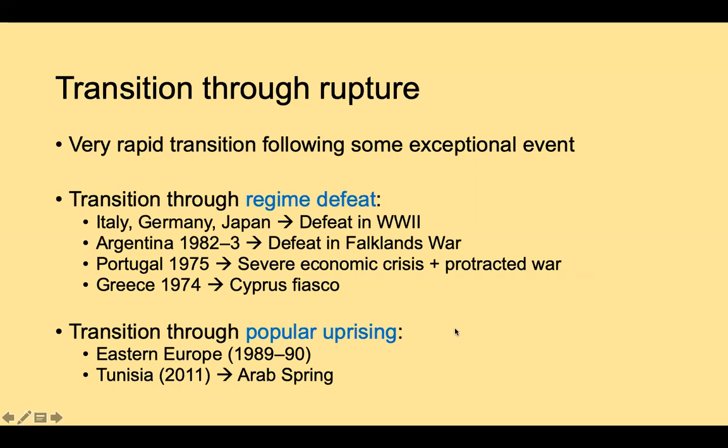Transitions through popular uprising are also one type of transition through rupture. We can think, for example, about Eastern Europe in 1989, 1990, the Orange Revolution in Ukraine, popular mobilization. Also, the case of Tunisia in 2011 is another example of a transition through popular uprising, one type of transition through rupture.